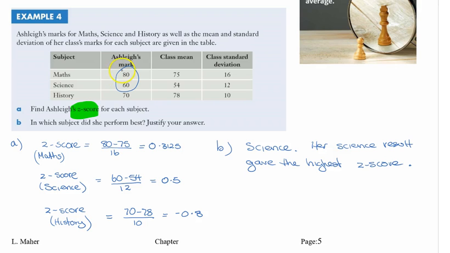And you can apply that to your subjects here at school. You don't necessarily compare your raw marks. Your raw mark is not the best indication of how you're going.